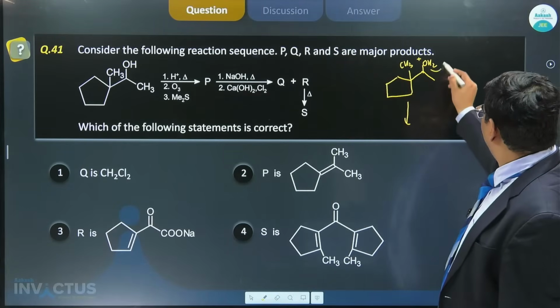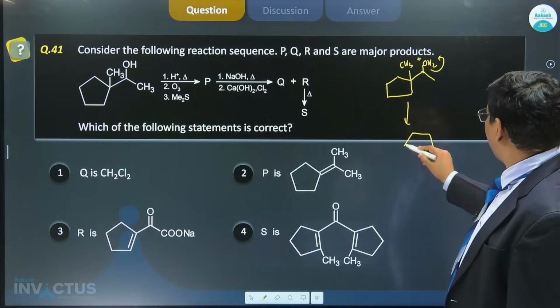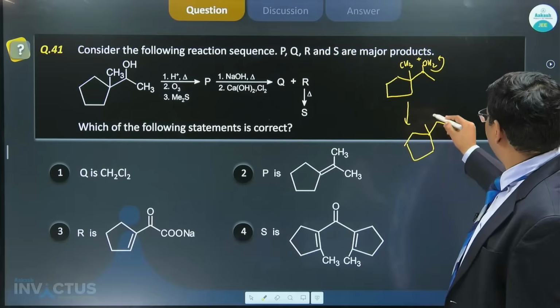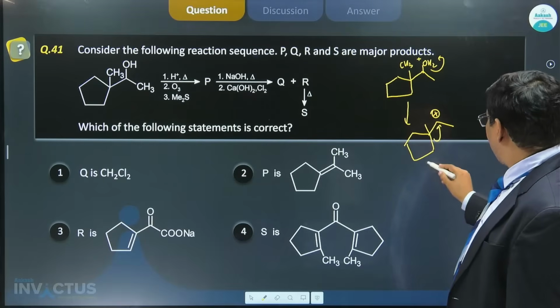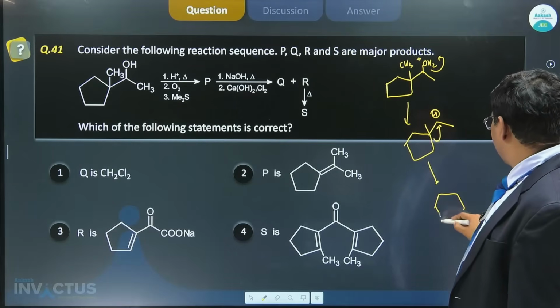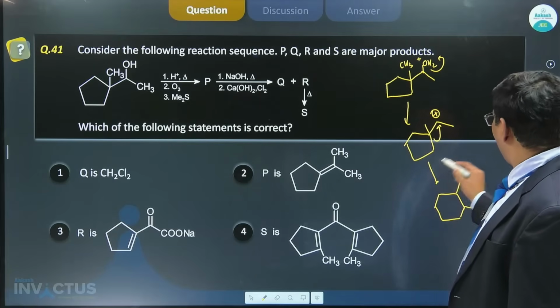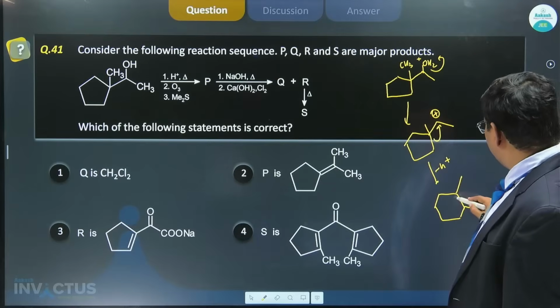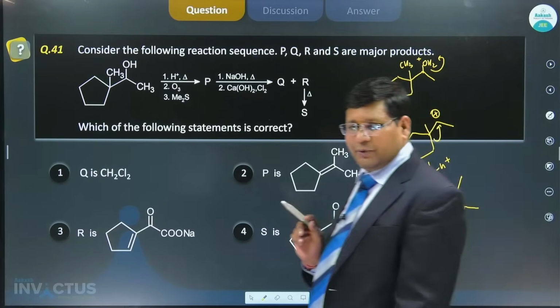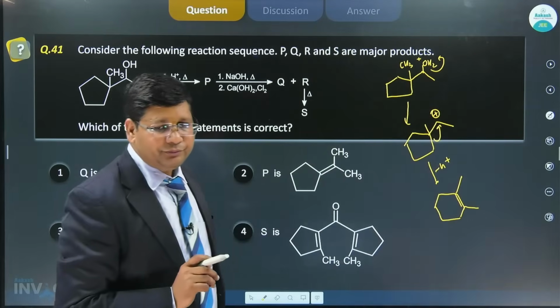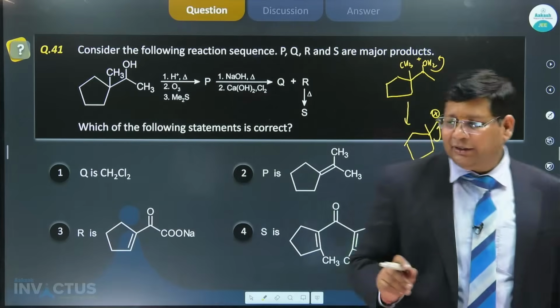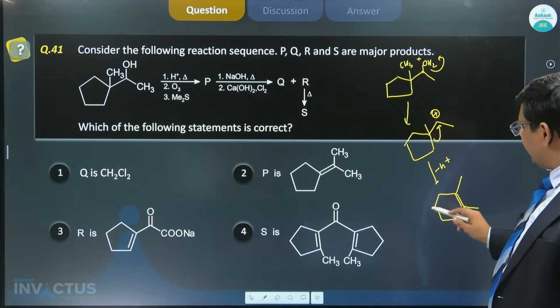So this carbocation ring expansion again is the same situation, and formation of this cation, and after finally loss of H plus, let me write the final product. The most stable product I have written directly. So finally this product will undergo ozonolysis.